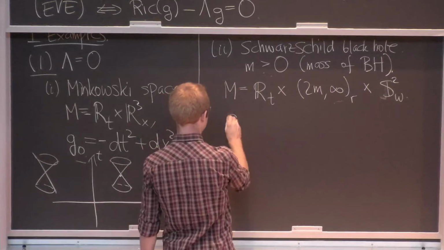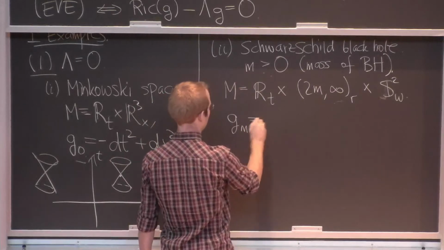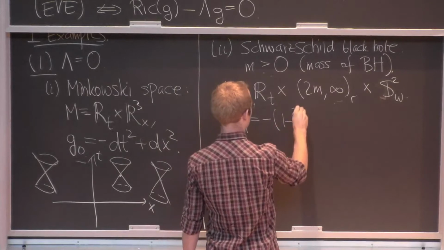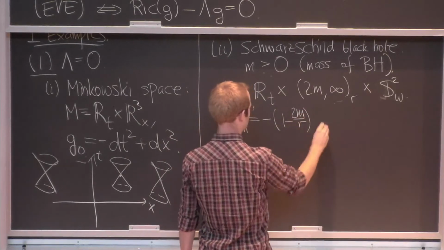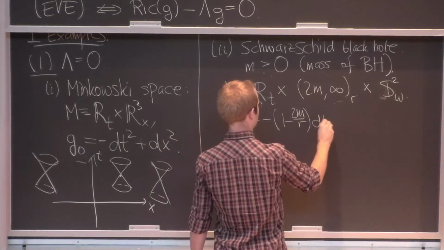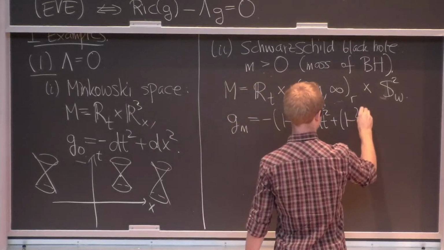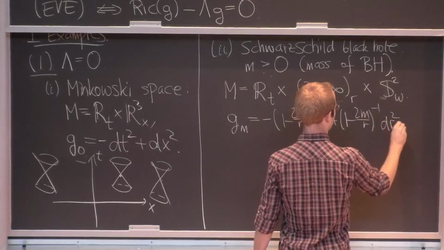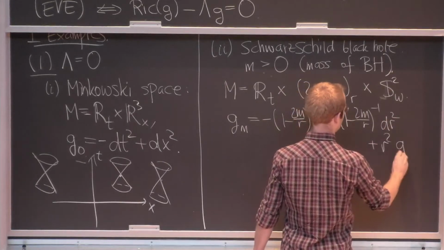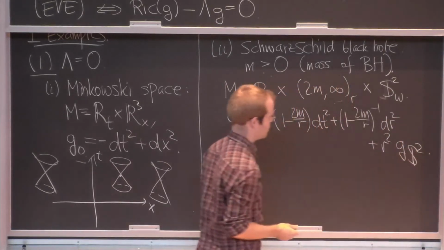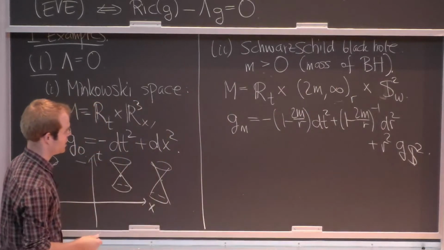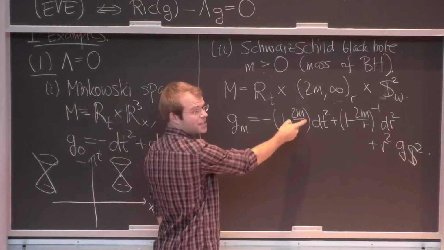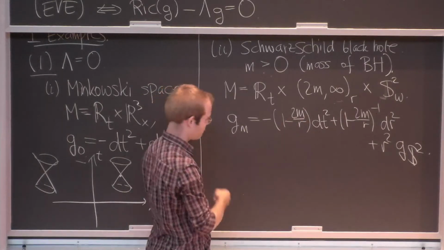So the metric in this case is now g_m, and Michał actually wrote it down in his talk, so here it is again: minus (1 minus 2m over r) dt squared plus (1 minus 2m over r) to the minus 1 dr squared plus r squared times the standard metric on the 2-sphere. Okay, so if m is equal to 0, this is actually the same as the Minkowski metric.